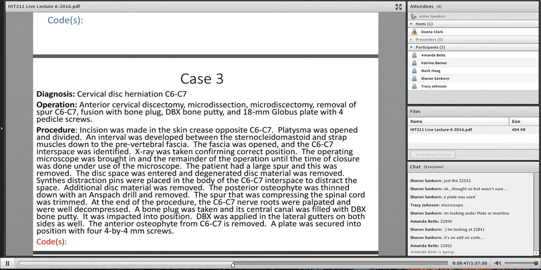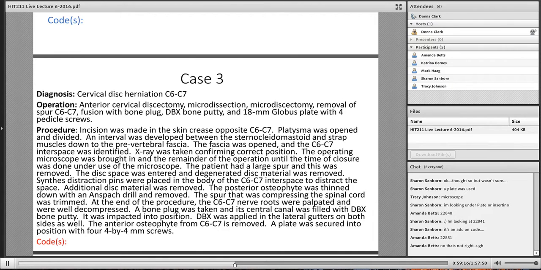Let me see what else y'all put. 22840. All right, somebody has it. Did I see the right code?